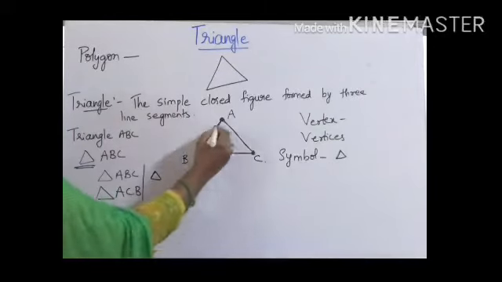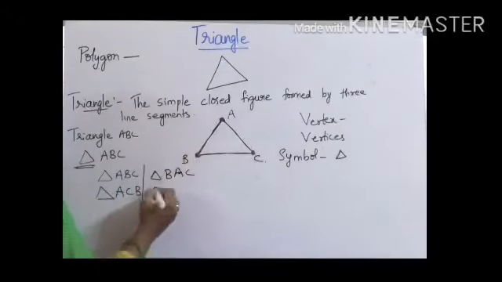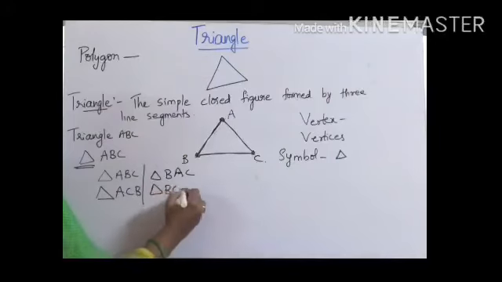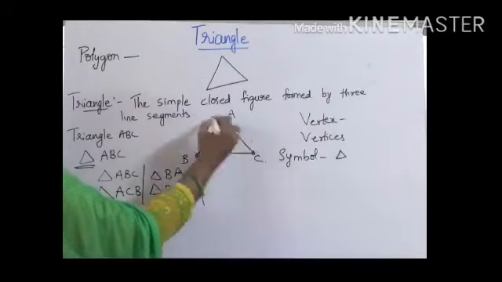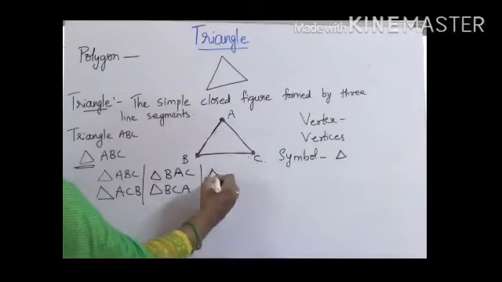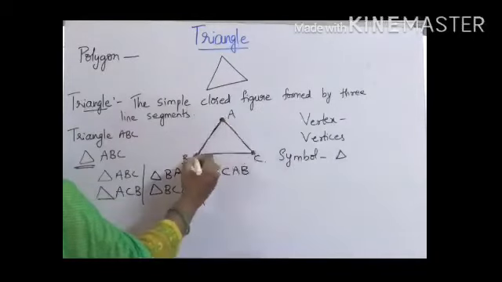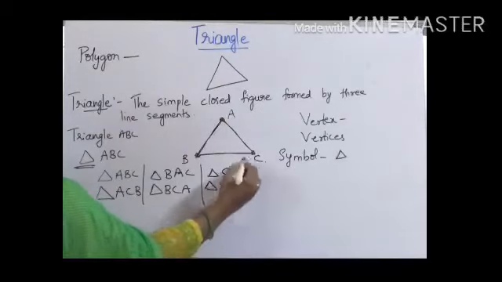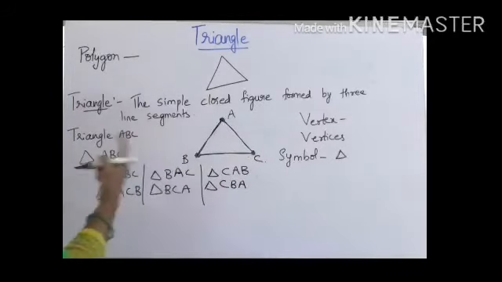If I start BAC, can I start triangle BAC? Or I can go in reverse way, triangle BCA. Next, I can start with the vertex C. So triangle CAB. Can I write CAB? And I can also write CBA. So in 6 different ways we can name this triangle, isn't it?